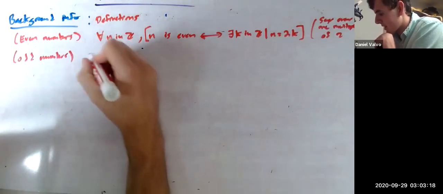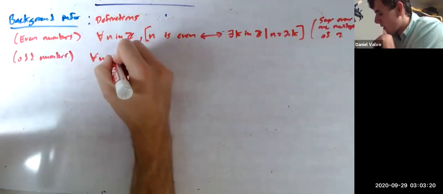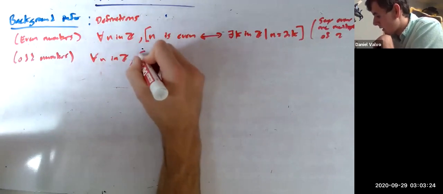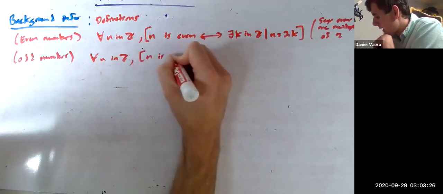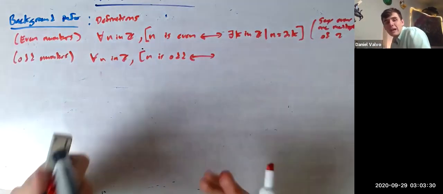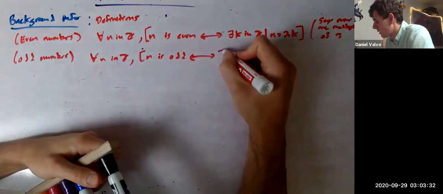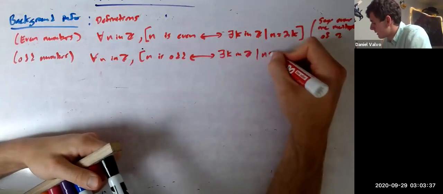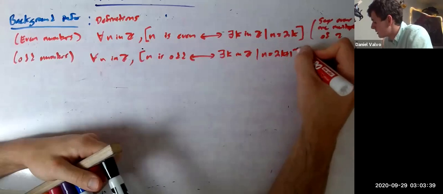Now odd numbers are interesting. For all n in Z, n is odd, so this is the definition of odd, if and only if there exists a k in Z such that n equals 2k plus 1.